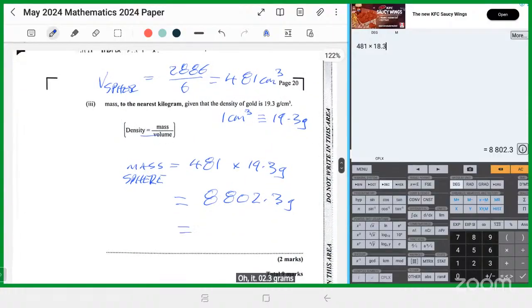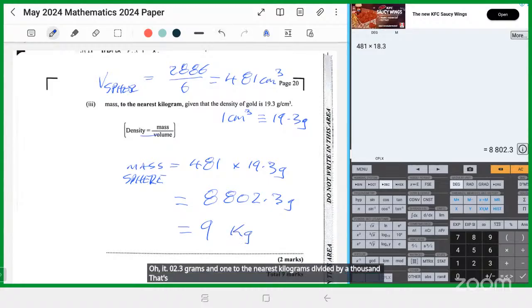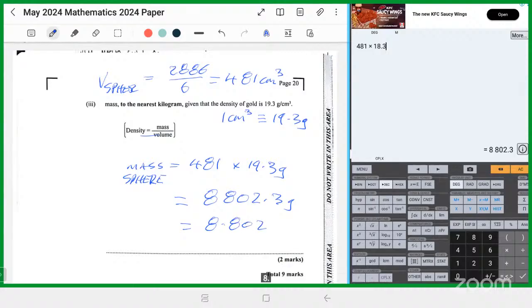And to the nearest kilogram, you divide by 1,000. That's 9 kilograms to the nearest kilogram, right? You could do 8.802 kilograms. So you put 9.